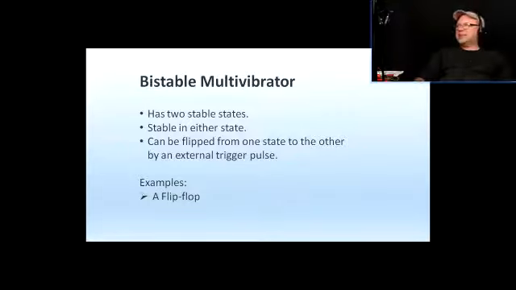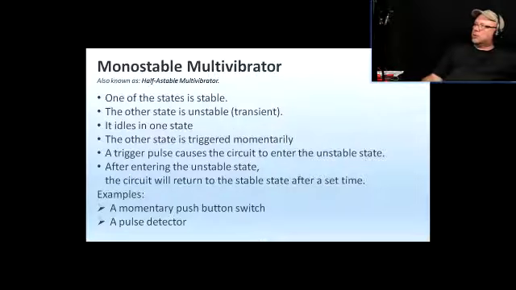So it can idle in both states, as opposed to the monostable multivibrator that has a designated home position or stable state to stay in at all times until something changes, and then momentarily go somewhere, which changes the condition.